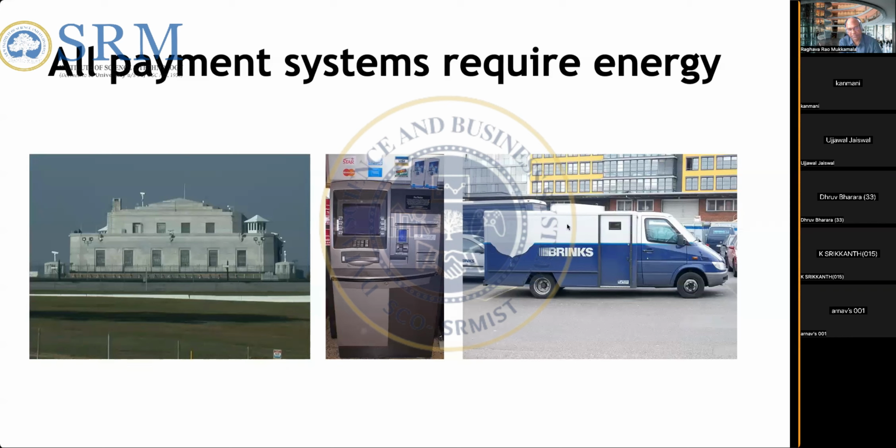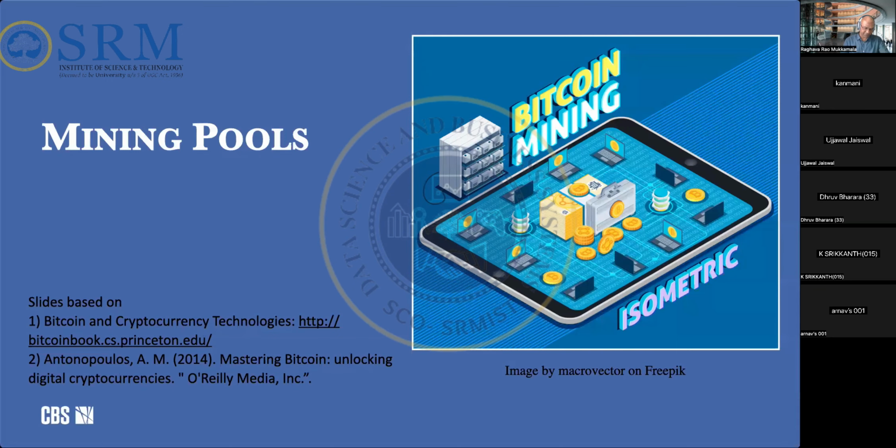Fiat currencies have to be printed somewhere, and they have to be transported to ATM machines and things like that. If you combine all the energy consumption, people argue that fiat currencies have much higher energy consumption than cryptocurrencies. Again, these are some of the arguments.